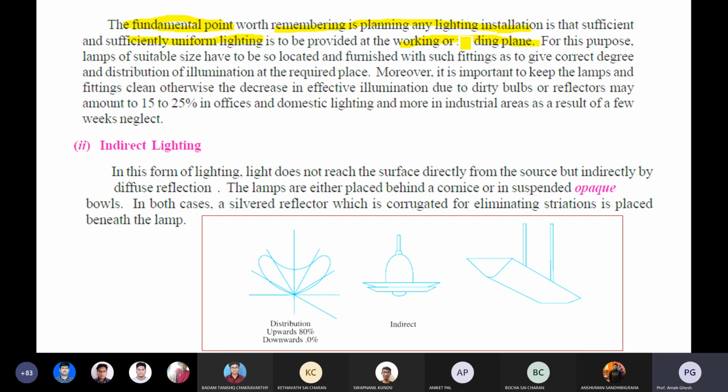For this purpose, lamps of suitable size have to be so located and furnished with such fittings as give the correct degree and distribution of illumination at the required place. Moreover, it is important to keep the lamps and fittings clean, otherwise the effective illumination decreases.